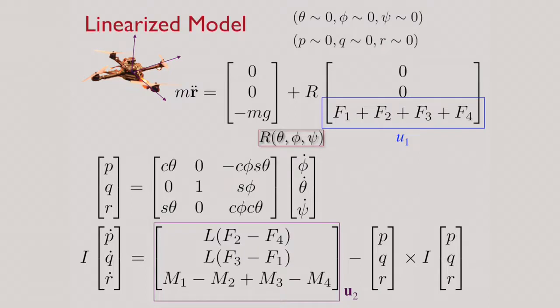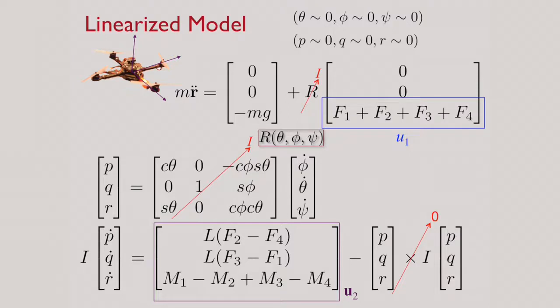This might be easier to see if you look at the linearized model of the system. In the linearized model, the rotation matrix is the identity. The angular velocities are related to the rates of change of roll, pitch, and yaw through an identity matrix, and the nonlinear inertia-dependent terms at the bottom disappear.